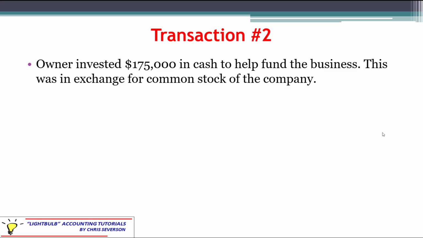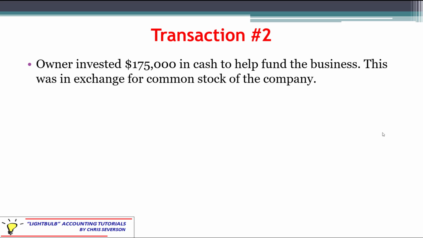So with this one, the owner invested $175,000 in cash. Again, the company has more cash. That's the key thing. Now, this was in exchange for common stock of the company. So apparently this is some sort of corporation, and the owner is a stockholder. Now, that increases both the cash for the company and the recording of common stock.